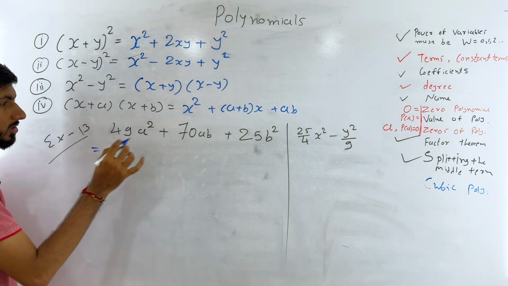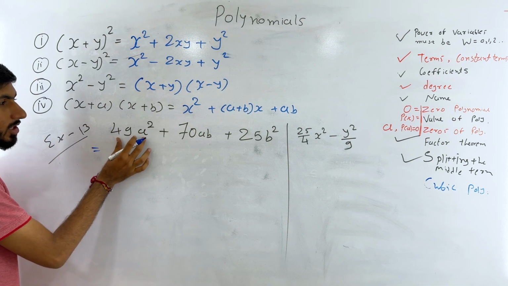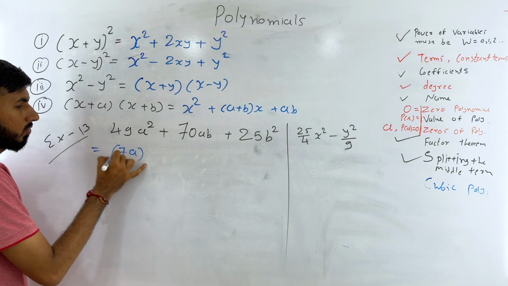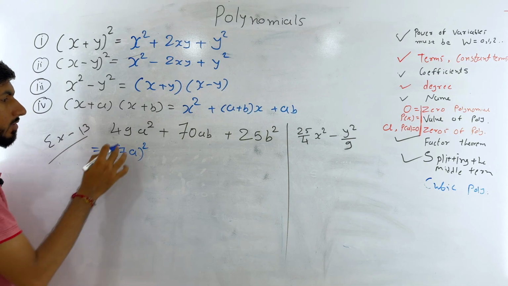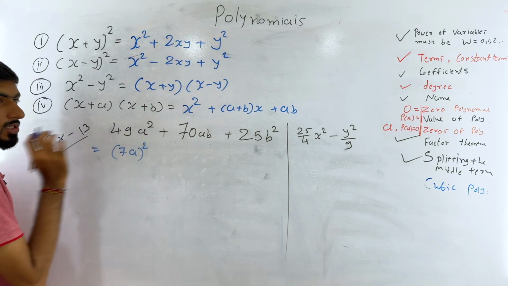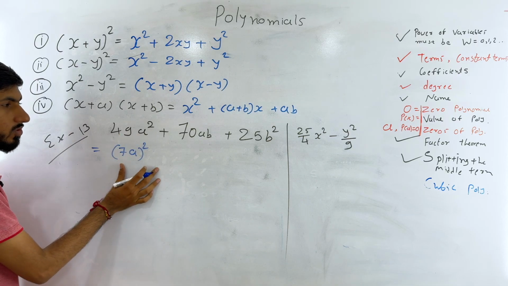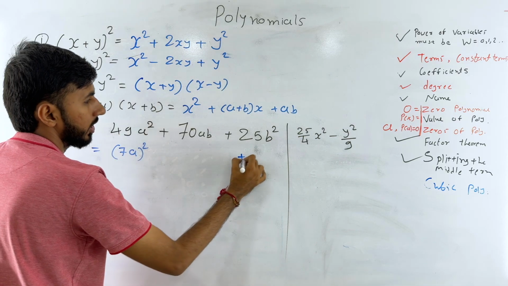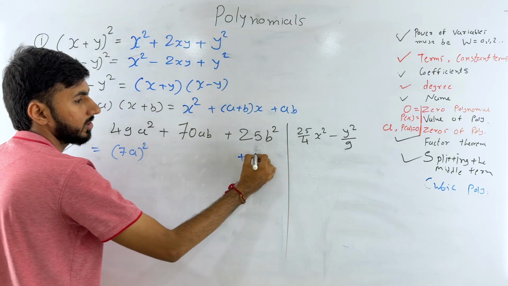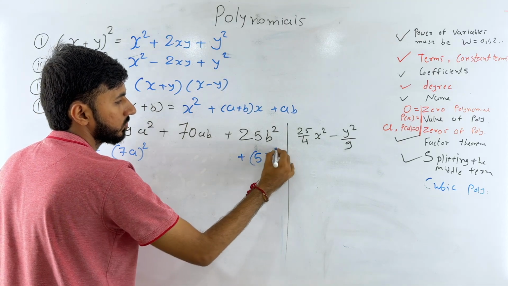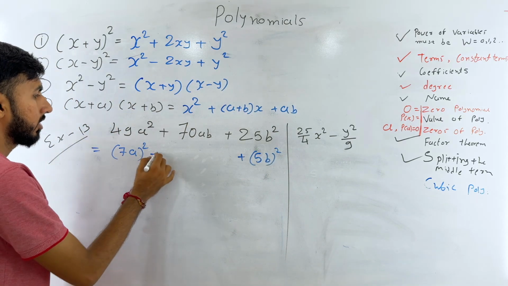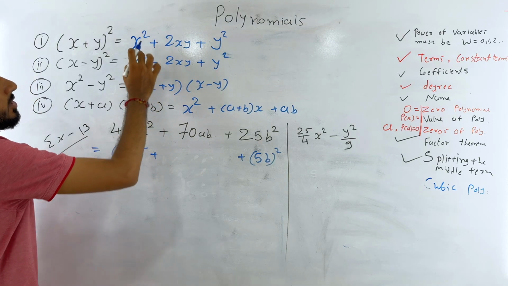What I have to change here is I have to write 49a square as (7a) whole square, because 7 square is 49 and a square is a square. So 49a square is equal to (7a) whole square. The last term is 25b square, that is equal to (5b) whole square, right? And our middle term should look like this.